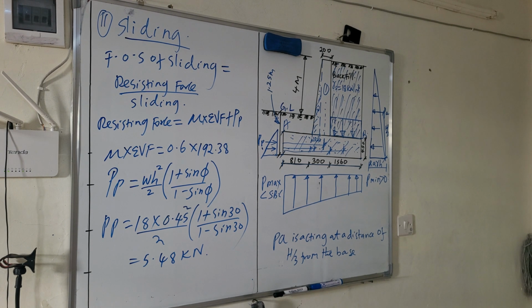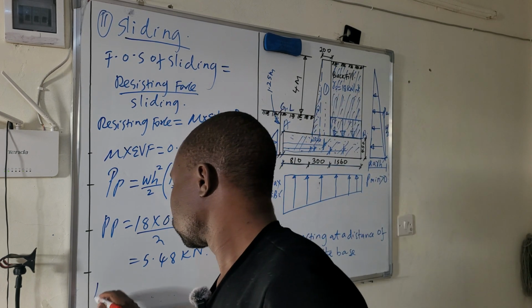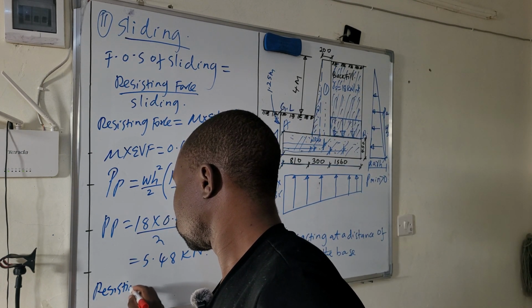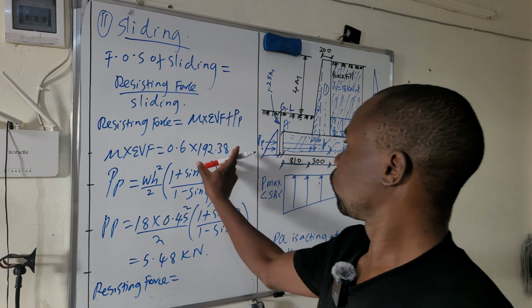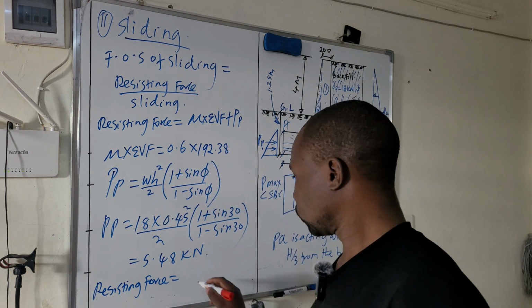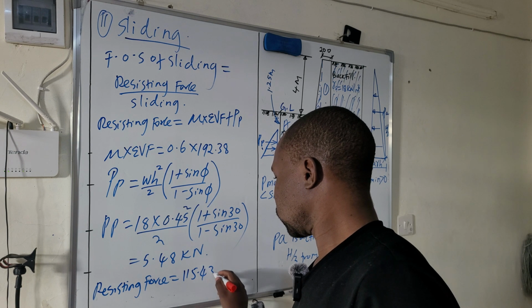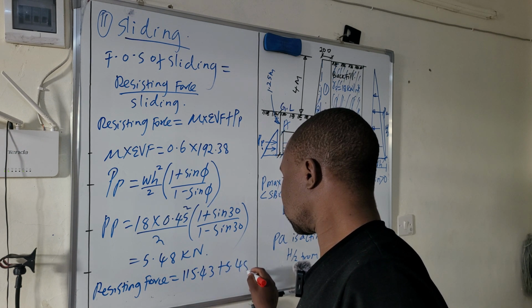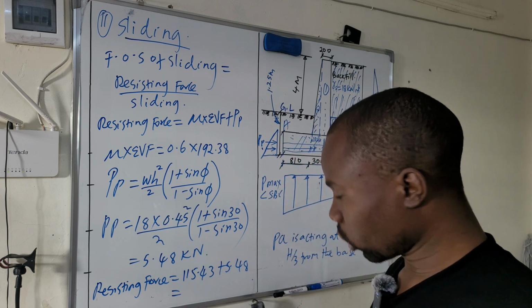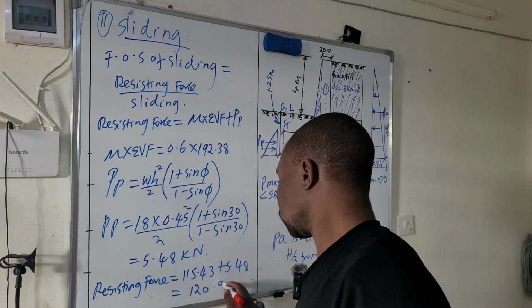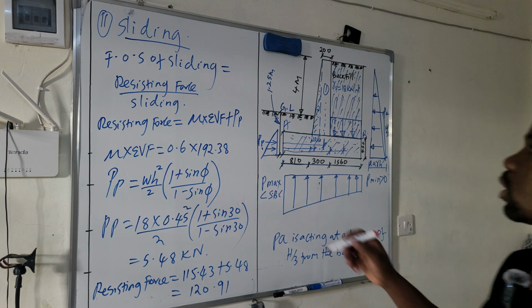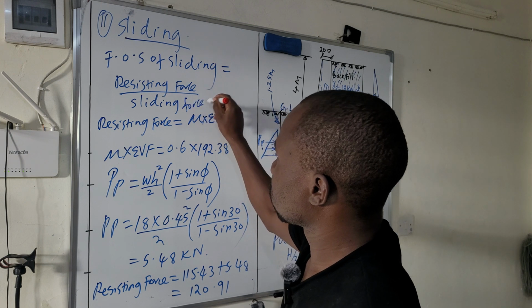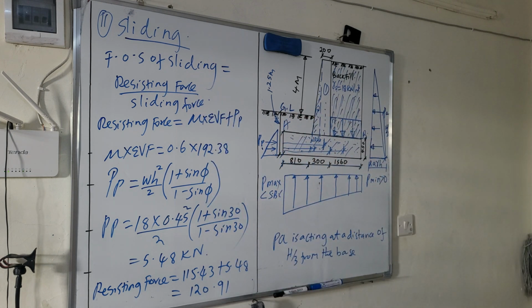So the resisting force is equal to, if you multiply this, you'll get 115.43 plus 5.48. So the answer is 120.91. And then we proceed to sliding force. So this is the sliding force. So let's proceed to sliding force.